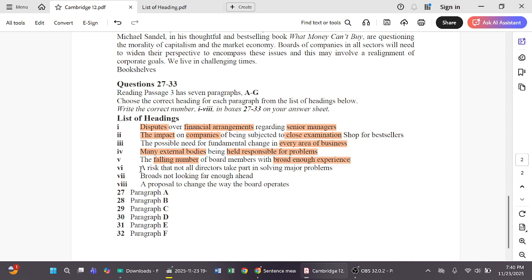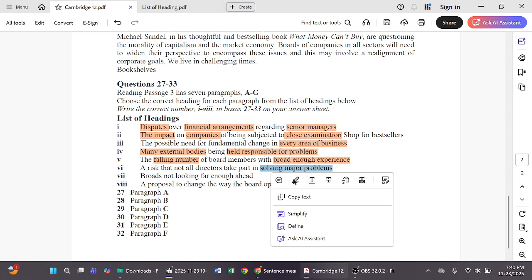And then we are going to number 6, where they mention a risk that not all directors take part in solving major problems. Just focus on this: a risk or danger that not all directors take part in solving major problems.